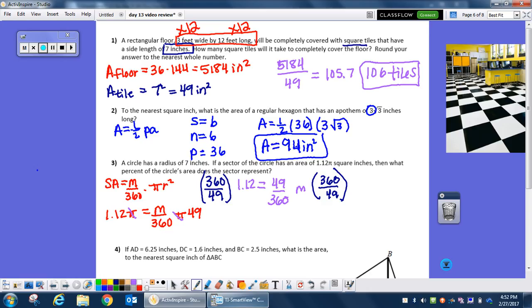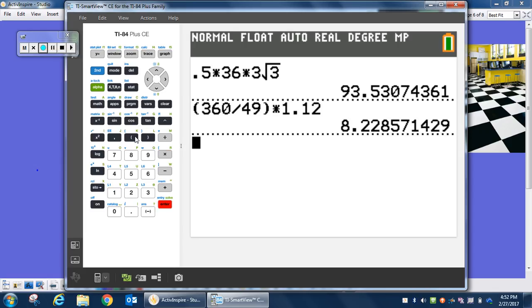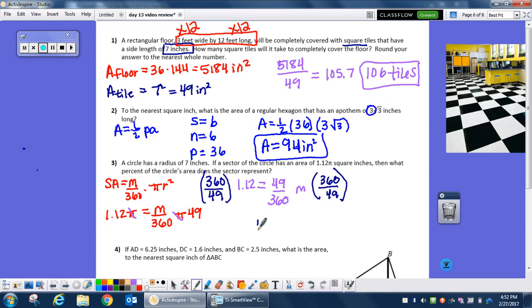Okay, so come over to my calculator. You need to put it in parentheses. 360 divided by 49 times, what was it? 1.112. Enter. Okay, so then we get m equals 8.2. We'll round it to that. And that's the m. So to get that percent, we have to do 8.2 of 360.